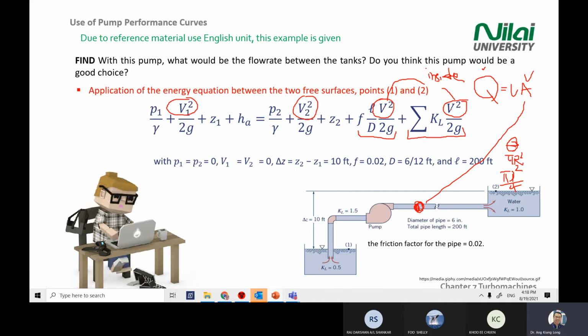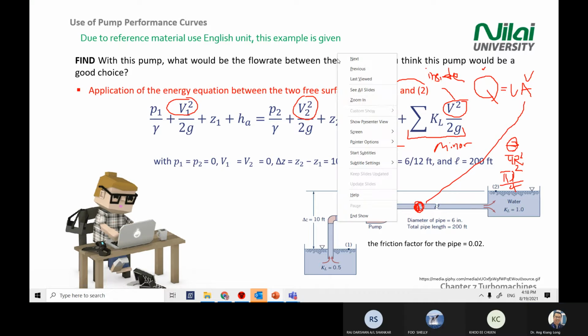And the velocity value you can share among major and minor, same V, okay? Because we assume the Q inside the system is the same. And V1, V2 are at the reference points themselves.